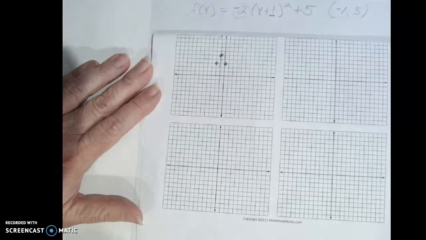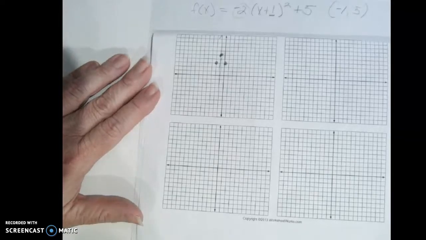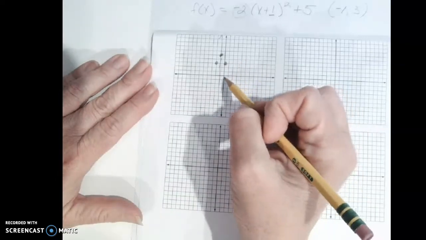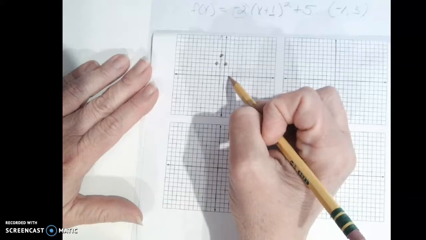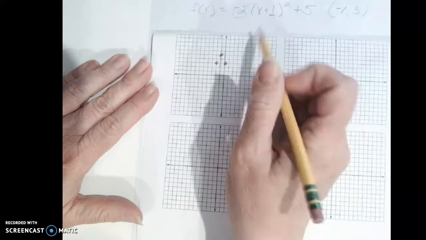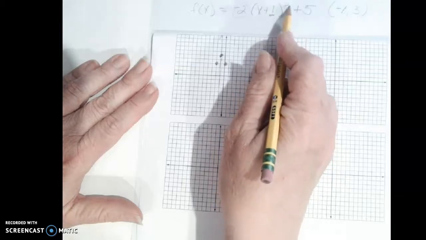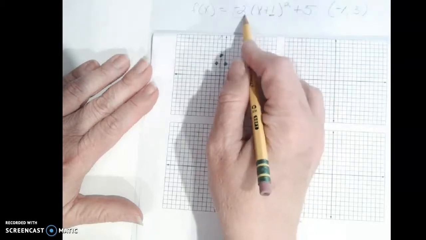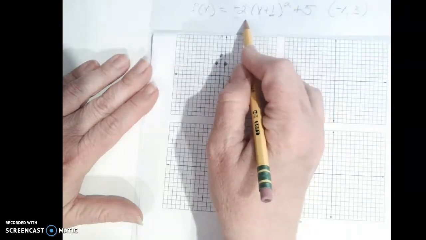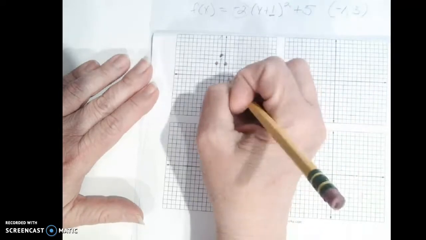And then it's a good idea to pick another one so that I can just have another reference. If I put in 1, I have 1 plus 1 is 2. 2 squared is 4. 4 times -2 is -8. Plus 5 is -3.